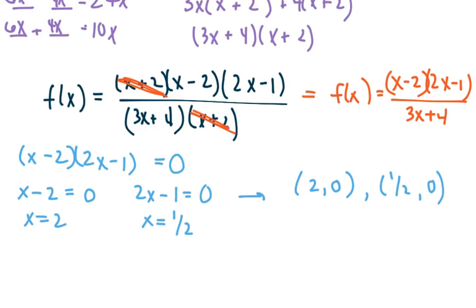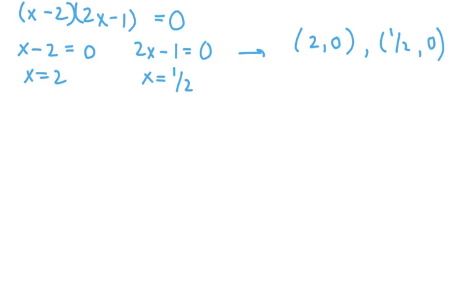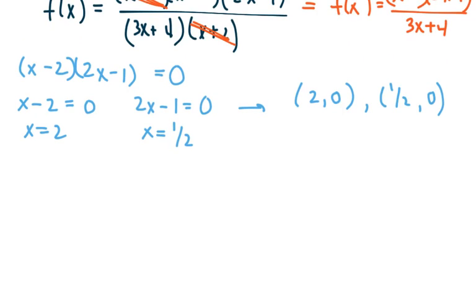Okay, and then we can find our vertical asymptotes. Remember, for the vertical asymptotes, we set the denominator equal to 0. So that's going to give us x equals -4/3.